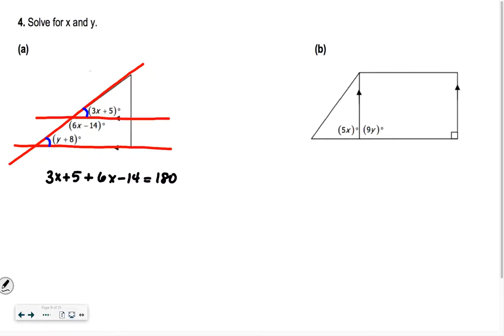All right, so we can get x. So we can say 9x minus 9 equals 180. Add the 9 over. So what do we get, 21? 9 goes into 180 20 times. 9 goes into 189 21 times.